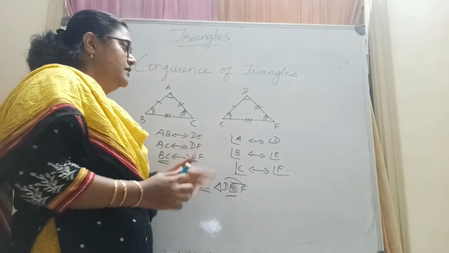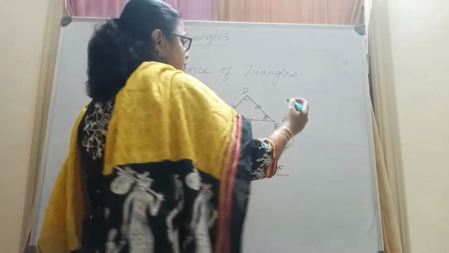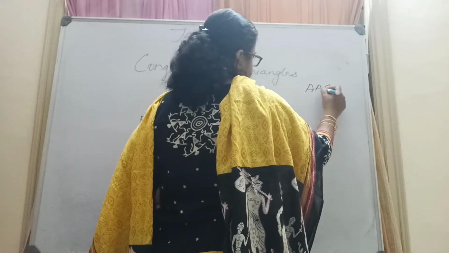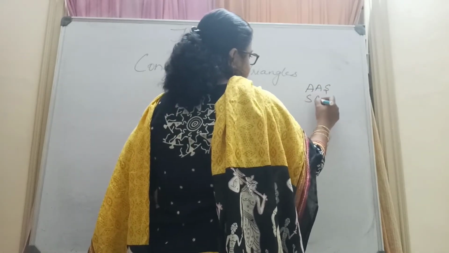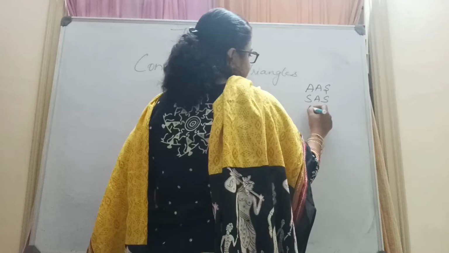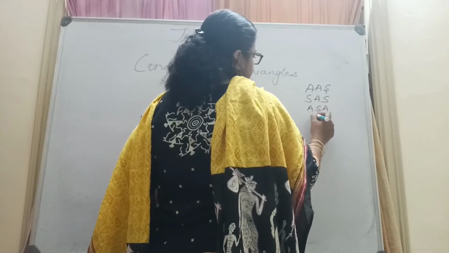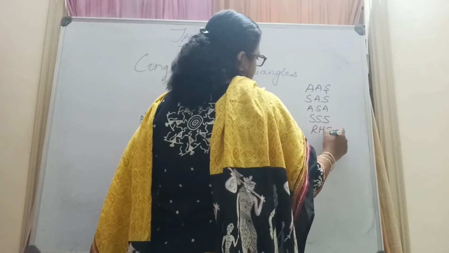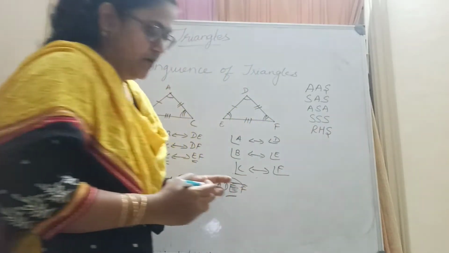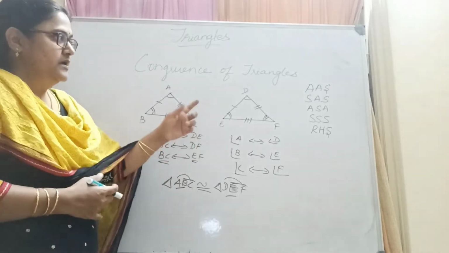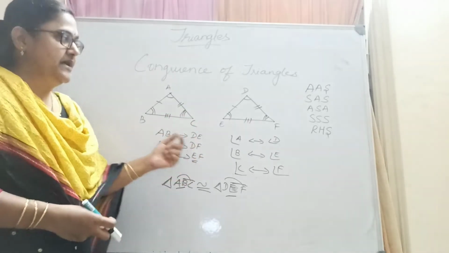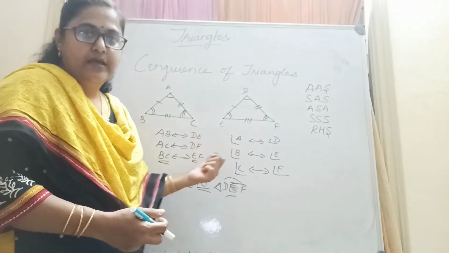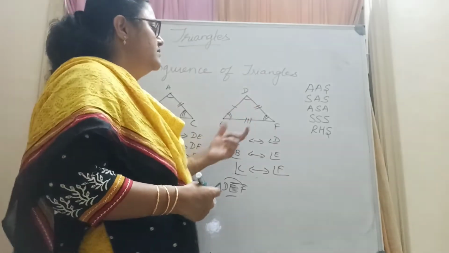There are actually 5 rules of congruence, that is AAS, SAS, ASA, SSS and RHS. All these 5 congruence rules we are going to use, one at a time, to prove that triangles are congruent based on the applicability. That is, we are going to use only 3 informations from this.